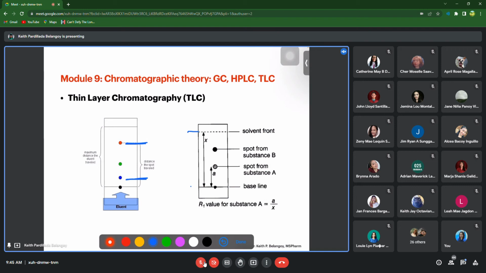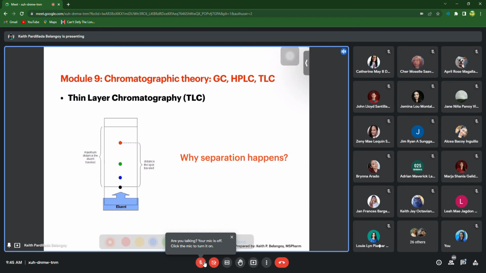Let's say for example, this is your baseline, and you have your spot, no? We call the components that separated spots. So spot A and spot B. As mentioned, why did A travel only this far, and why did B travel this far? You also answered that it is because of solubility, and maybe also because of the difference in their affinities.